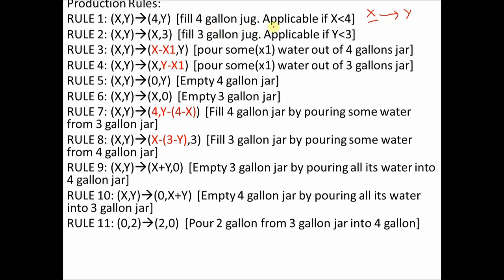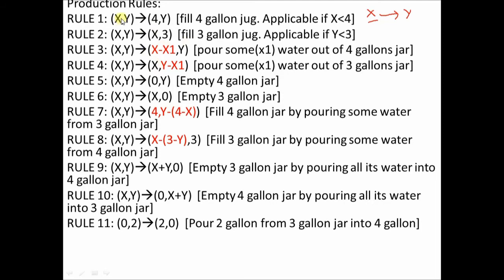Now this rule is applicable if the amount of water present in the 4 gallon jar is less than 4 gallons, only then can it be filled up to the rim, right?